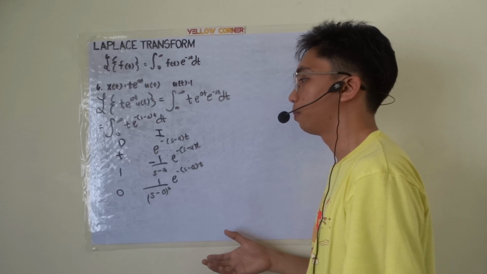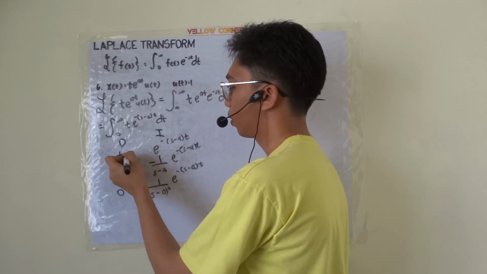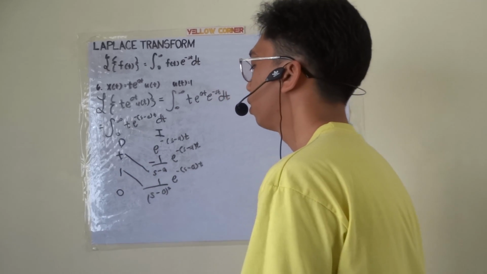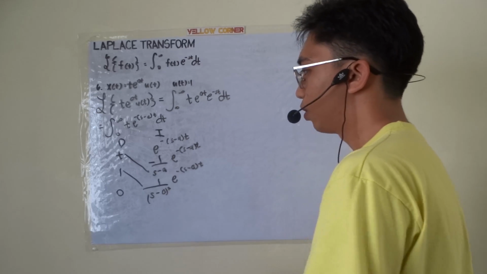Taking its integral again, both negative, we have 1 over s minus a squared times e raised to negative s minus a times t. Applying the tabular method, we can match derivative and integral terms, so anything we multiply in here is 0.